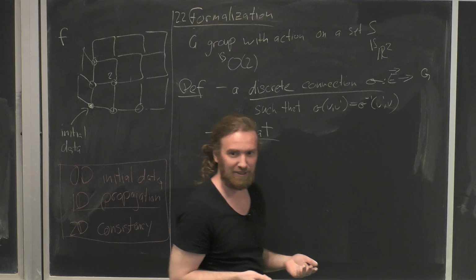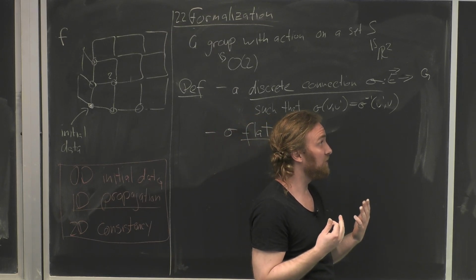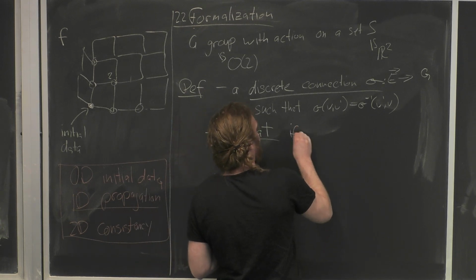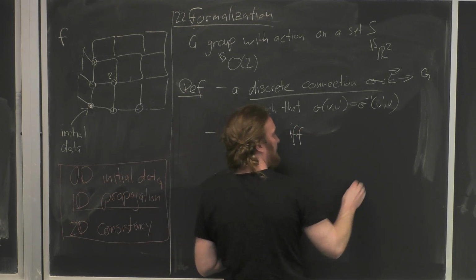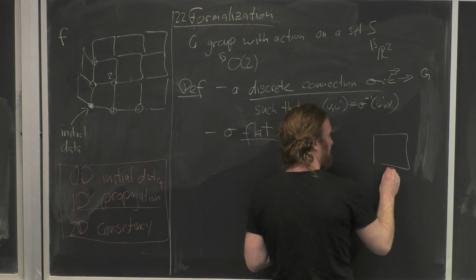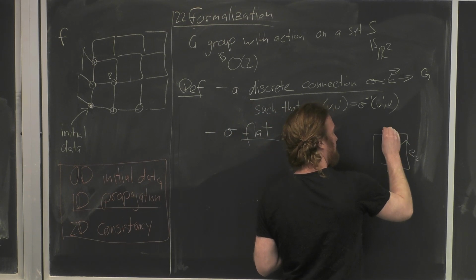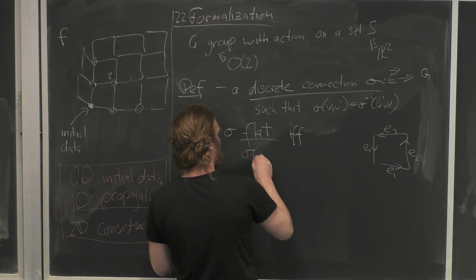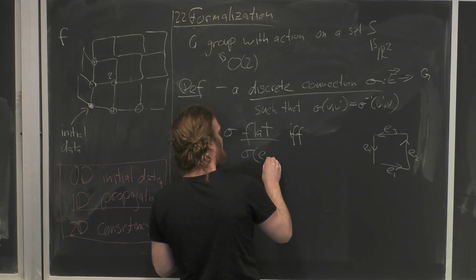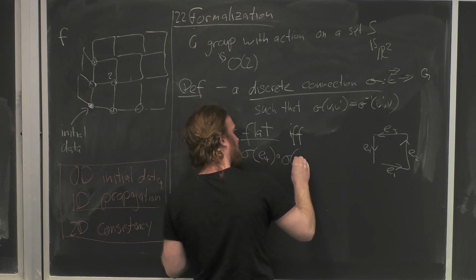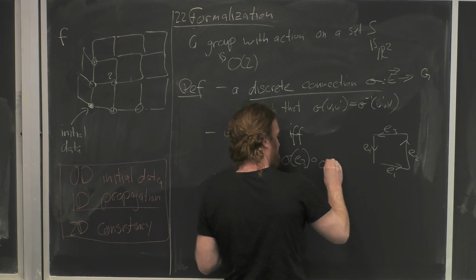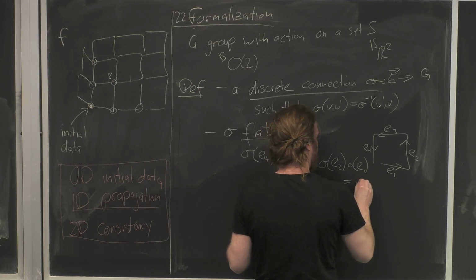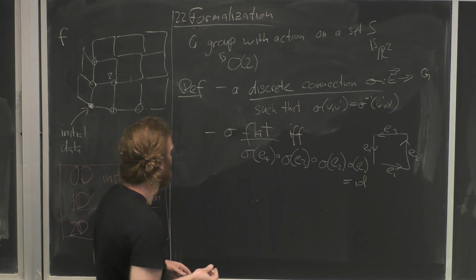So in general, not conventional would be what we could call this consistent, but in this special case, it's called flat, if and only if we look at these quads, if essentially around the quad, this is the identity. Yeah, I think that's clear.